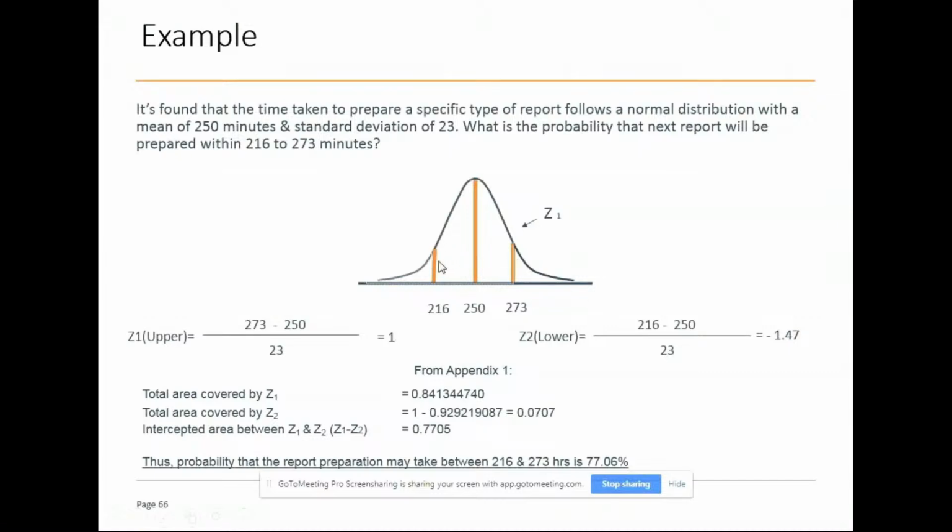If we calculate till 216, that is minus 1.47, it will give us the area under the curve towards the left-hand side. The area under the curve till 273 will give us this entire area.